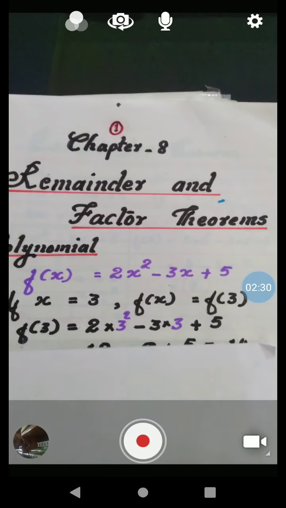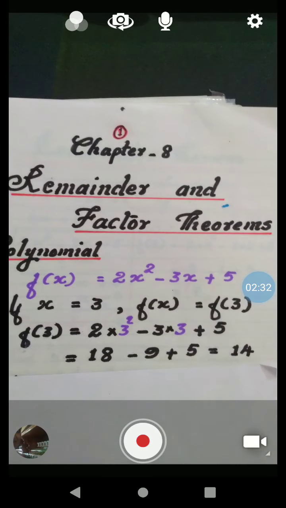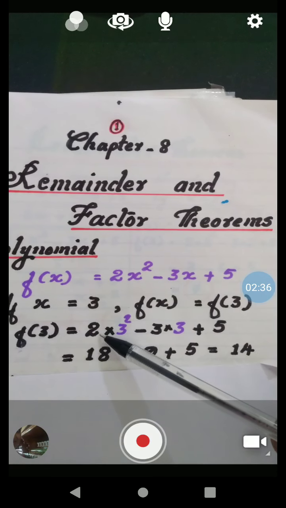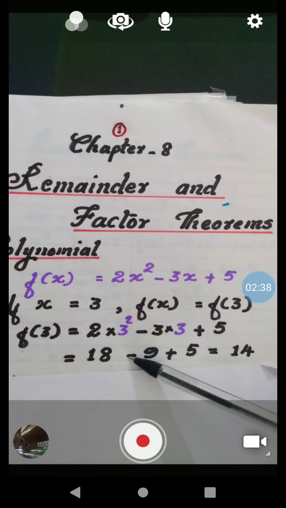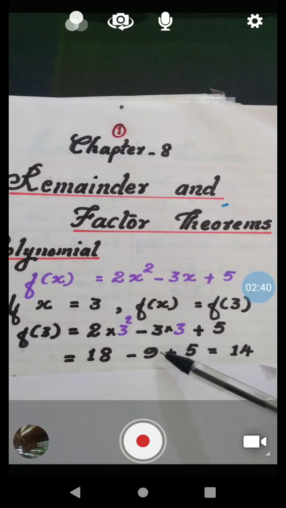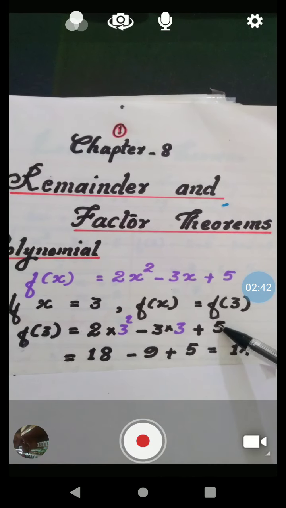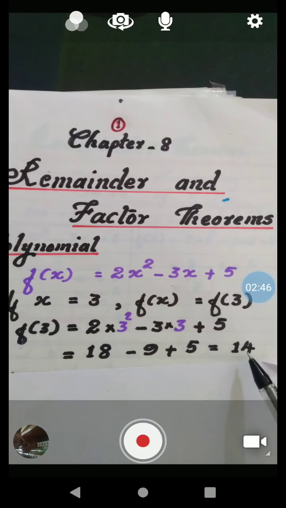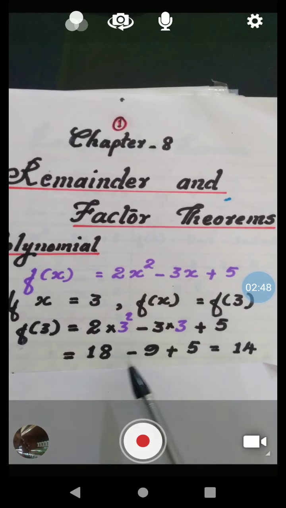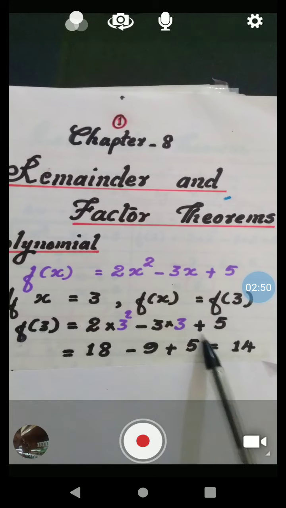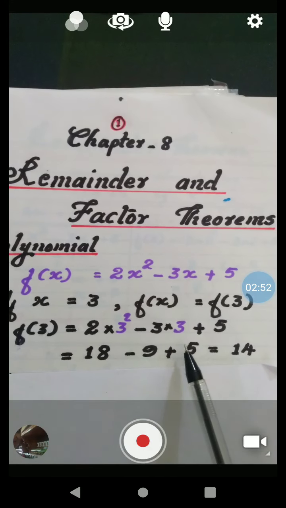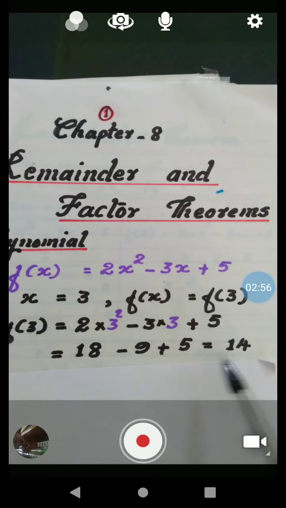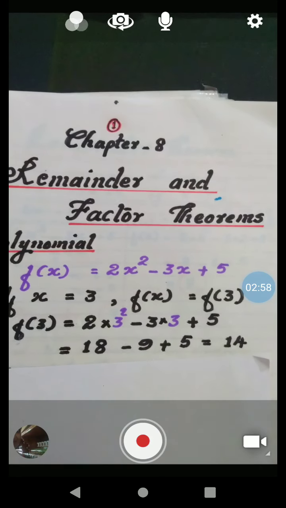Now simplify this. 3 square is 9, 9 into 2 is 18, minus 3 into 3, 9, plus 5. When you simplify this, you will get the answer 14. Apply the BODMAS rule for simplification: first addition, then subtraction. 18 plus 5 minus 9, which is 14.